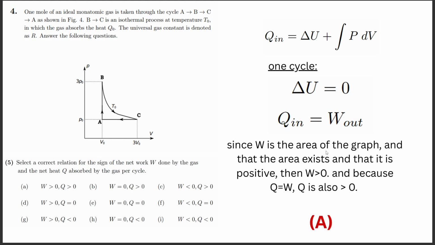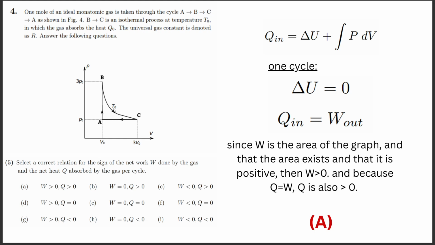and since W is the area of the graph, the integral PdV, from A to B there is no area. From B to C it is the area under the line from B to C down to the V axis, and from C to A we are subtracting the area under the line of C to A, so we are left with this triangle-ish area.